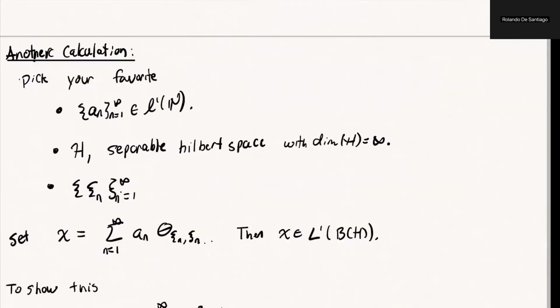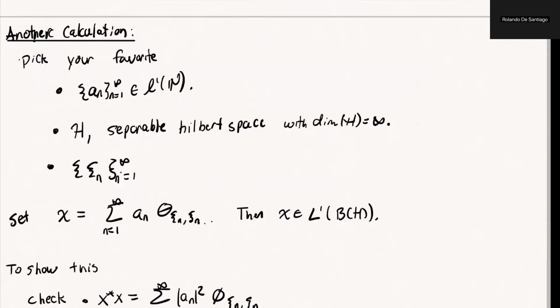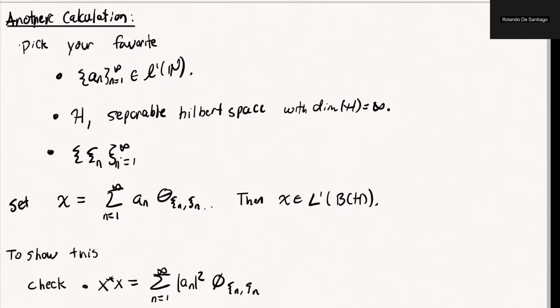So let's justify this notation L1 a little bit. Let's look at a more complex computation. Pick your favorite sequence in L1, something like 1 over n squared. You can pick that one if you'd like. Next, pick H, a separable infinite dimensional Hilbert space. There's a lot of those, so just any Hilbert space that's infinite dimensional with countable bases.